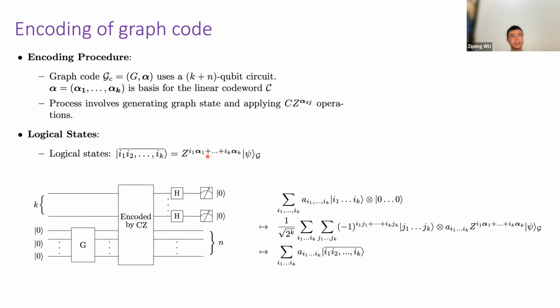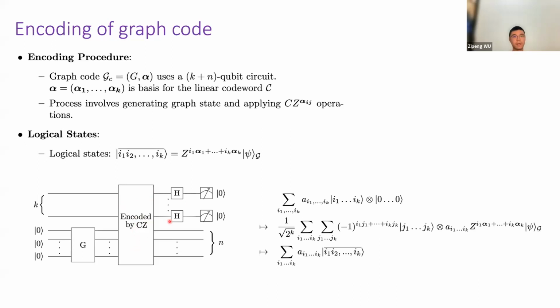The encoding procedure of this kind of graph code can be drawn with these figures. If you have n plus k qubits, the first k qubits are the information we want to encode, and the remaining n qubits are used to prepare the graph state. This part of the circuit is used to prepare the graph state. And we apply the CZ gate between the top k qubits and the last n qubits according to the value of alpha. If alpha ij equals 1, we apply a CZ between the i-th qubit in the top k and the j-th qubit of the last n.